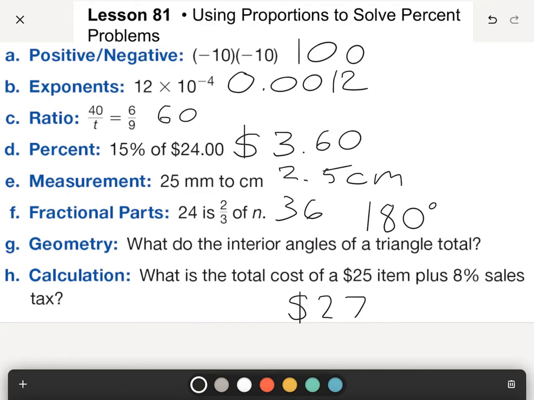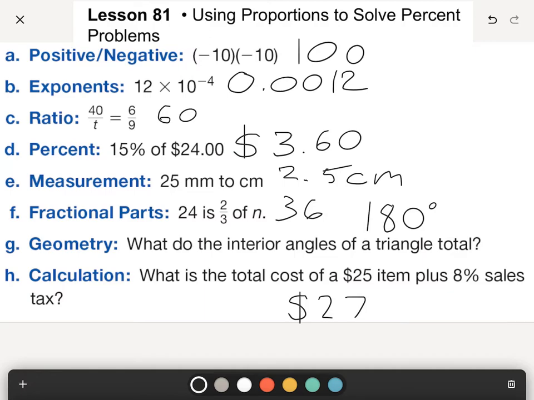Basically it's 8% sales tax plus the $25 to get your total cost. 1% of $25 is 25 cents, and 8 quarters makes $2. So the sales tax is $2, and you add that to the original $25, getting $27.